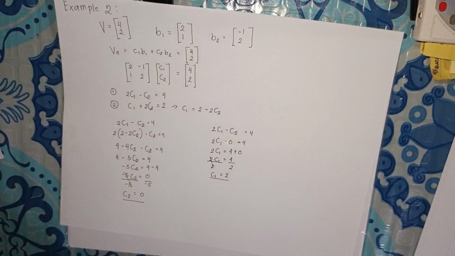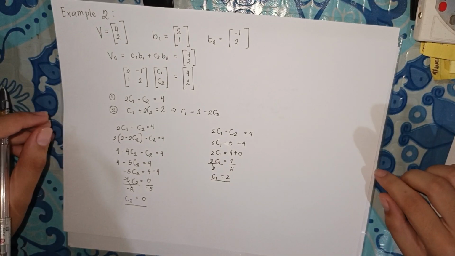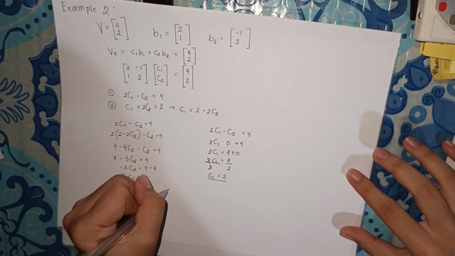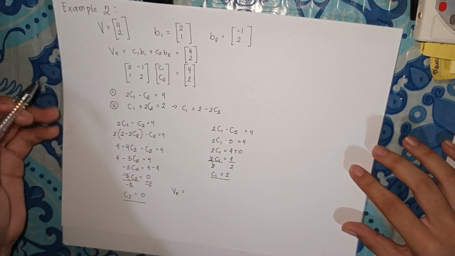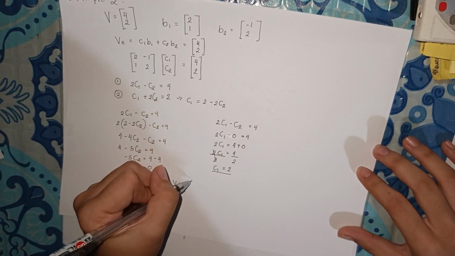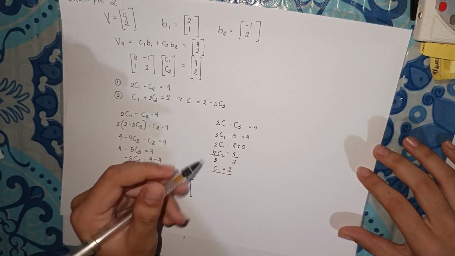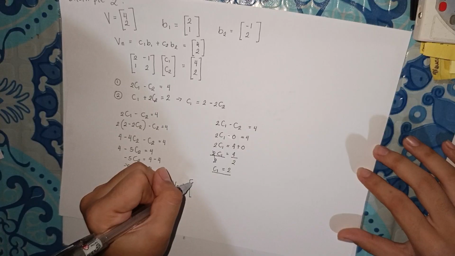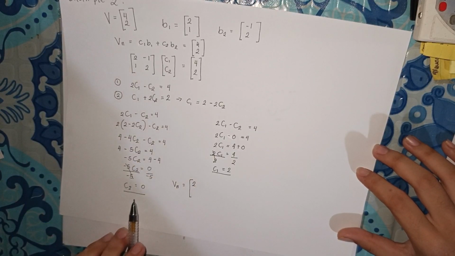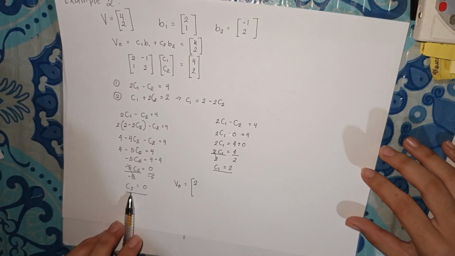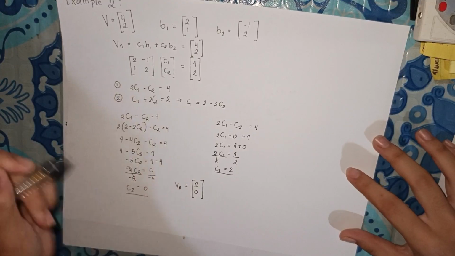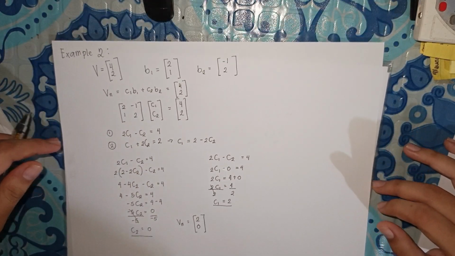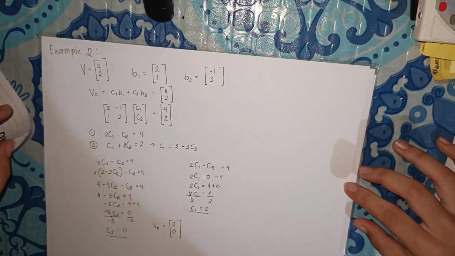So now we have the value for the first scalar and the second scalar. Also, the scalar 1 is written first, then scalar 2, or C sub 2, follows. Now, let us check if our answer is correct.